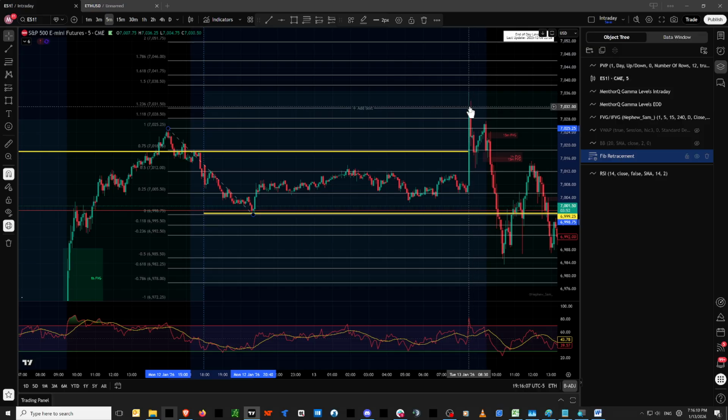So if you take it in context that it was a report that came out, then yeah, the fact that it overshot and ran off is understandable. The key is it did not close above and then continue.